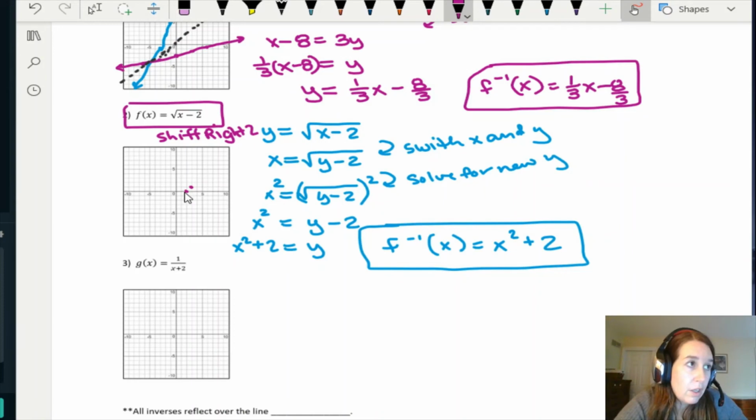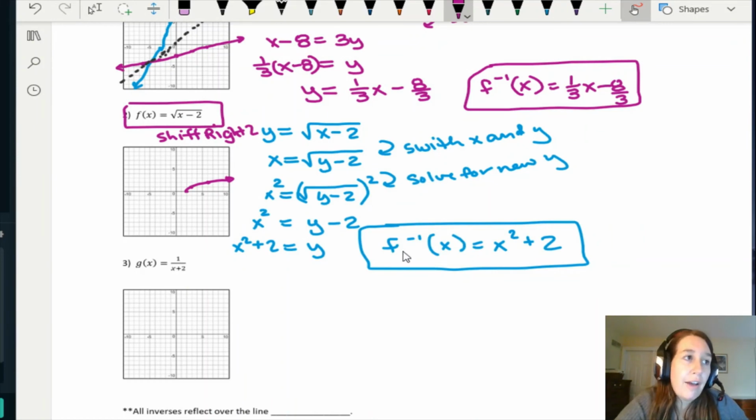So it goes over 1 and up 1, and then it would be over 1, 2, 3, 4, and up 2 right there. Okay. I just did like a real quick transformation graph on that, right? You can do a whole table and stuff if you need to. All right, so this is the square root graph. Now remember, and that's all it is. There is no other part, right?